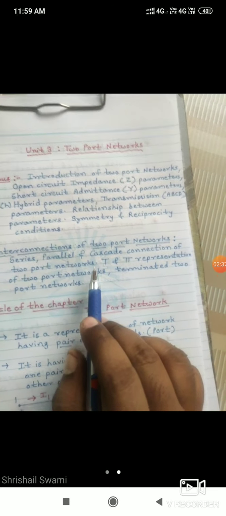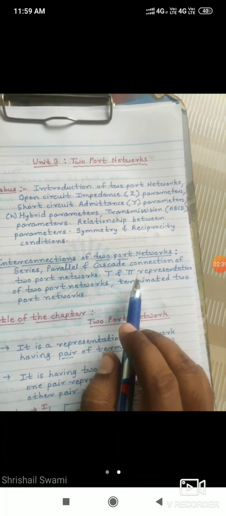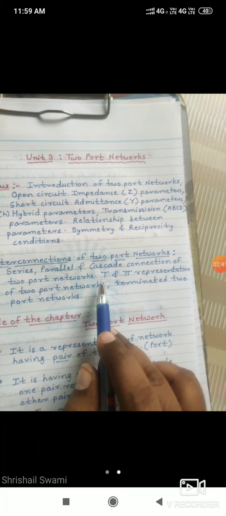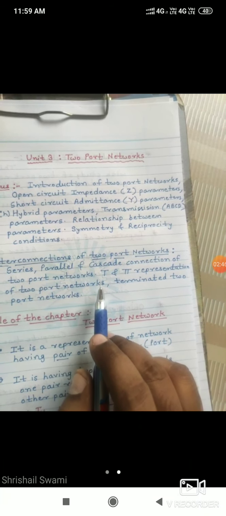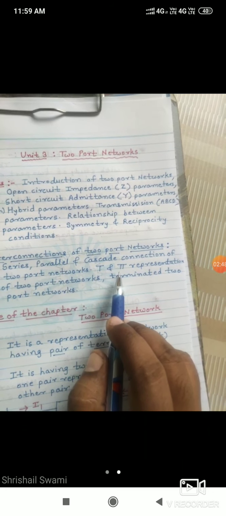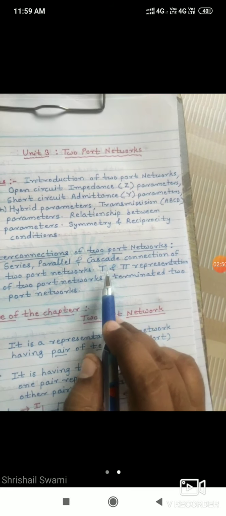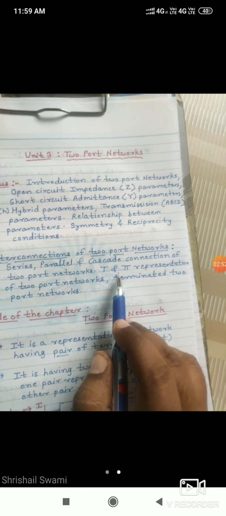Once we have completed that, after that comes T and pi representation. This is how the two-port network parameters are represented in the form of T and in the form of pi. T and pi are the symbols we can use.